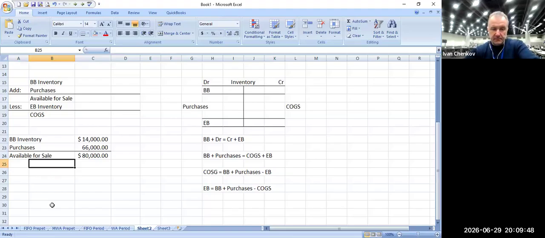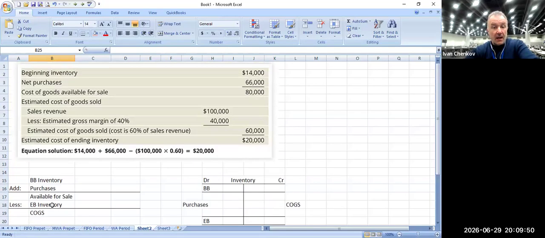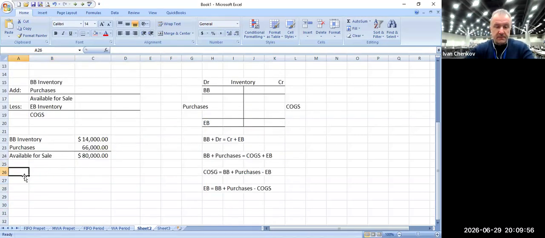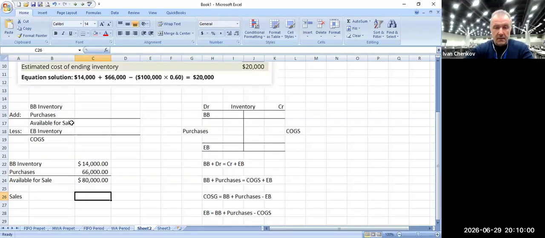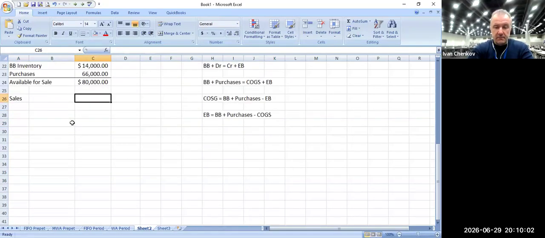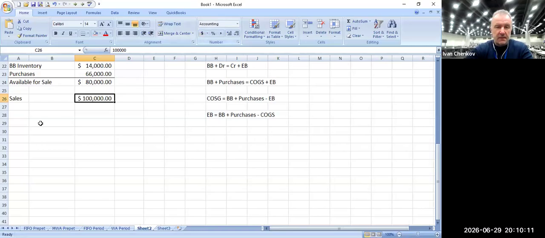Now, I don't know my cost of goods sold, but I know that my sales are $100,000, and I also know that my gross margin is 40%.